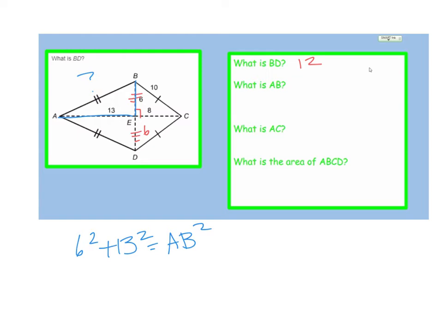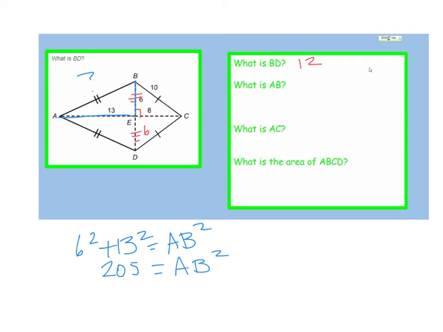So I'm going to do that in my calculator. I know what 6 squared and 13 squared are, but to add those together, if I can do it in my calculator, this is why you should have a handheld calculator and not your phone. So I got 205 is equal to AB squared.